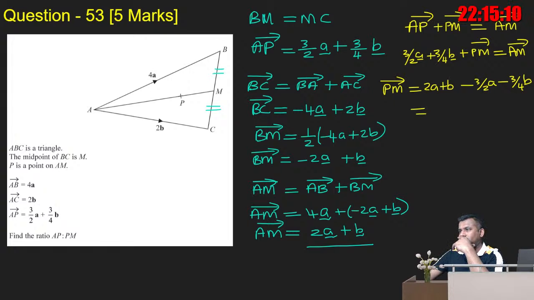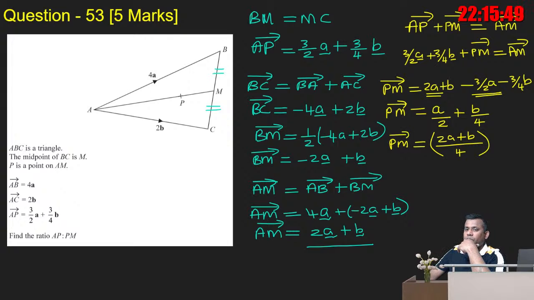That is given as a over 2, so 2a take away 1.5a is half a, plus b over 4, since 1 full b take away 3/4 b is quarter b. So that is PM, right?